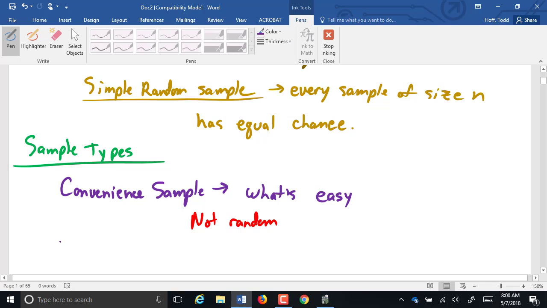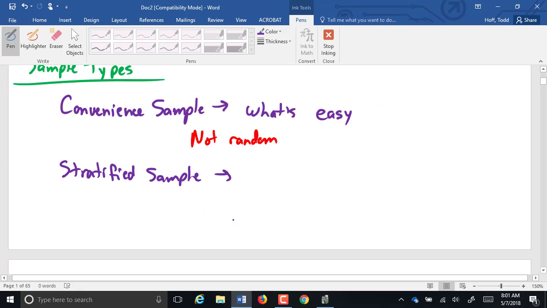Let's look at something called a stratified sample. So let's look at the WITC example here again. The first thing you're going to do is divide the population into groups.